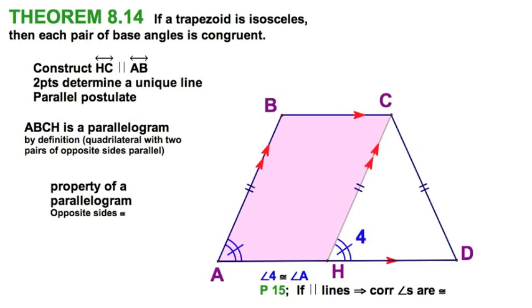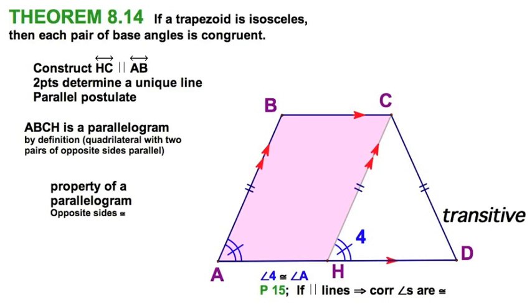So postulate 15 tells me that this angle and this angle are congruent because they're corresponding angles. Nice. So now up here, the transitive property tells me since these two are congruent, then these two are congruent.